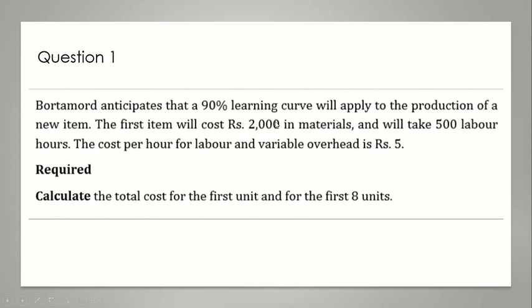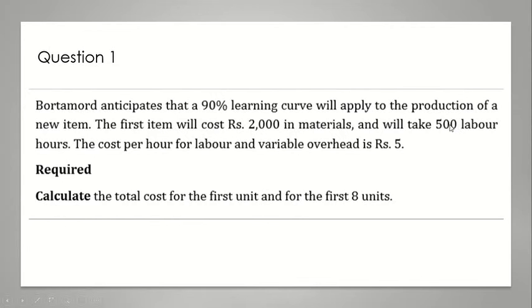So they have given their first item cost information. They need 2000 in materials and they need 500 labor hours. The cost per labor hour and variable overhead is 5 rupees. So the material cost for the first item will be 2000, fine.